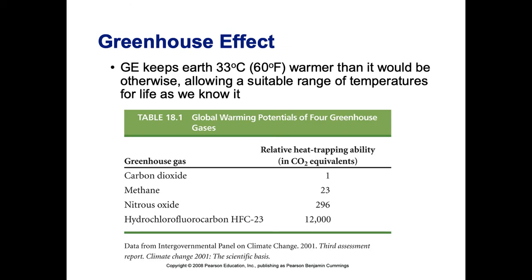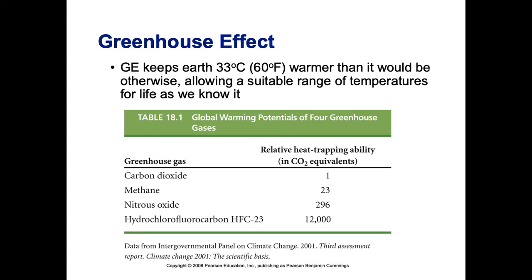So they look at the different greenhouse gases, and the main ones are carbon dioxide, methane, nitrous oxide, and hydrochlorofluorocarbons. So carbon dioxide and methane are the most important ones. But the other ones are all more powerful than carbon dioxide. And what that means is that each molecule of the other ones that aren't carbon dioxide traps more heat than one molecule of carbon dioxide does.